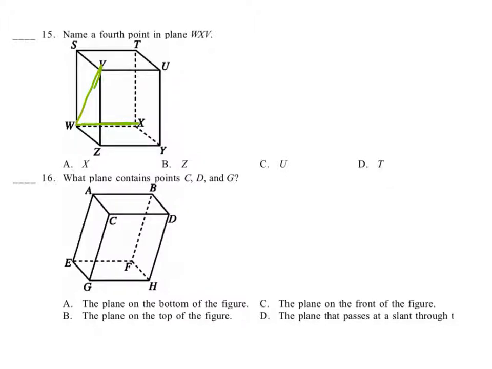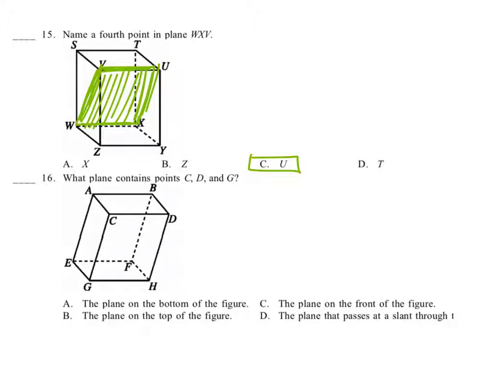So if we're going diagonally through the box like that, this is also going to go diagonally through the box like that, and then carve out that diagonal plane that's not one of the walls of the box, but runs diagonally through it. And so WXV means it's going to also then contain point U. Okay? Hopefully you can see that diagonal plane right there.